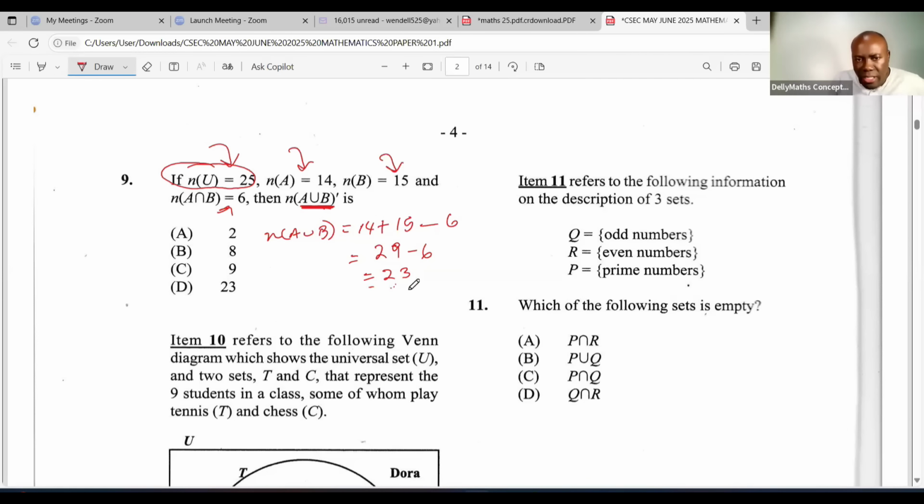Since there are 25 in the whole set, what are those that are hanging on the outside? 2 is the answer, because the question wants you to tell the number of elements in the complement of the union, not the union. So what are the extras that are not a part of this? 2 persons, right? So you have to be very vigilant with that one.